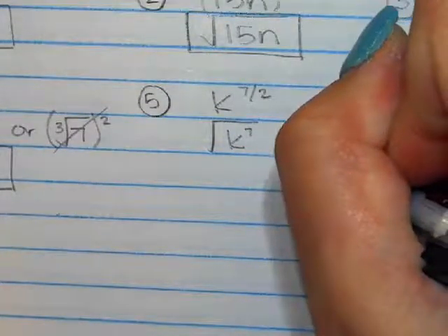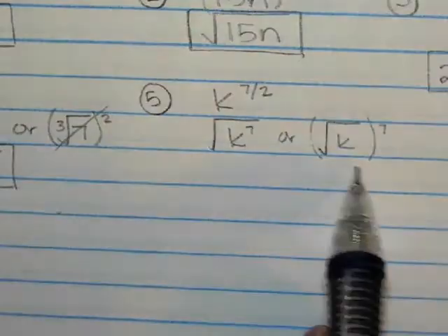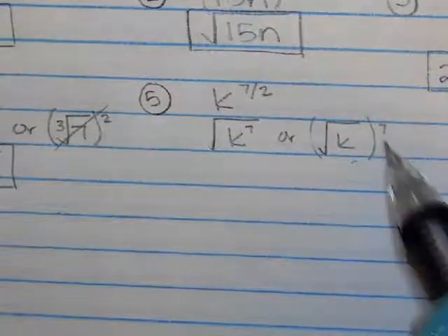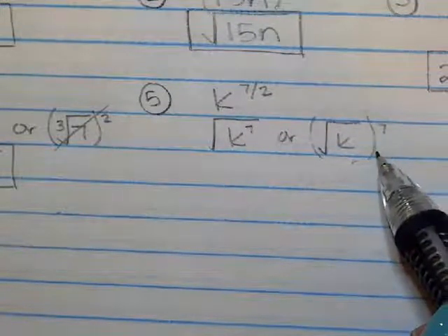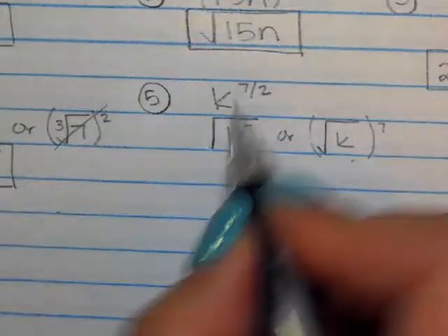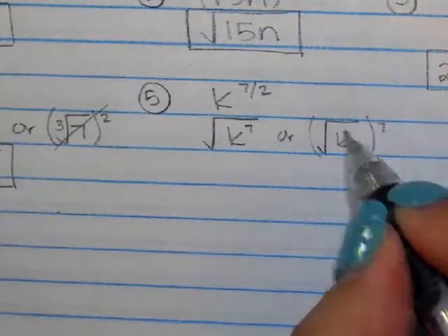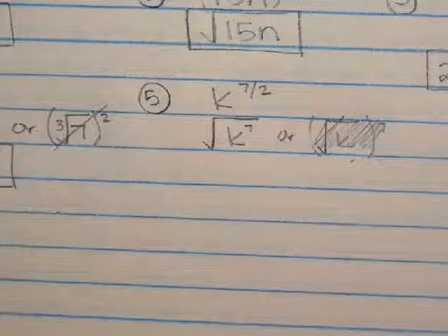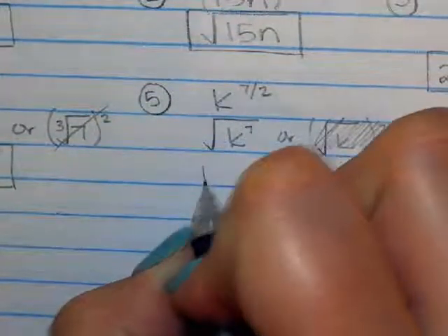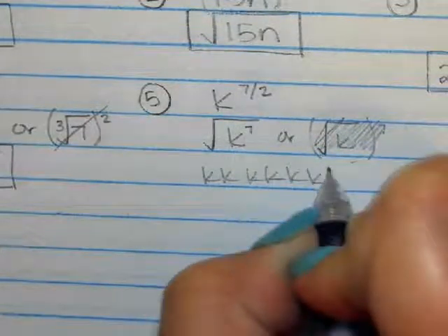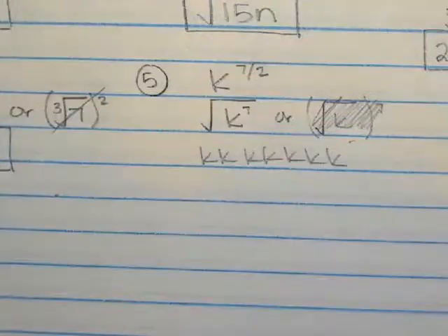Anyone feel weird about the 7 being on the outside? Most people could put the 7 out there, but that's kind of weird. So I would probably deal with this one over here, and it can definitely be simplified, because k to the 7th. So I'm going to write 7 k's: 1, 2, 3, 4, 5, 6, 7. And then what should I do?